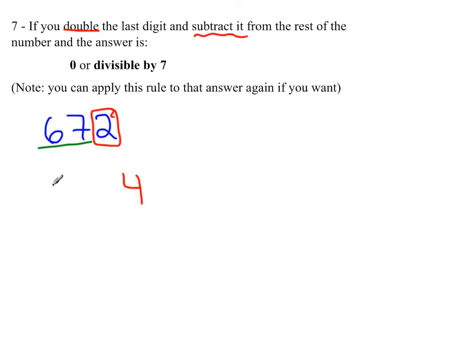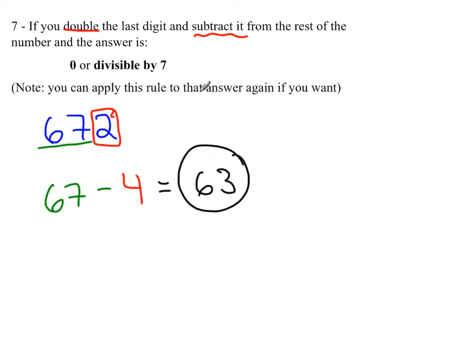We have 67 minus 4, which gets us 63. If this number is divisible by 7 or turned out to be 0, then the number is divisible by 7. And 63 is divisible by 7, right? 7 times 9 does get us 63, so 672 must be divisible by 7.